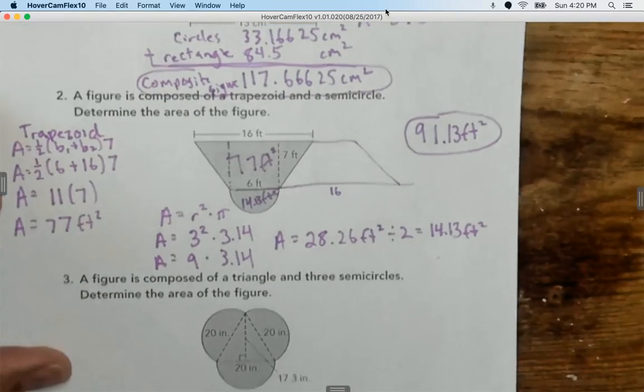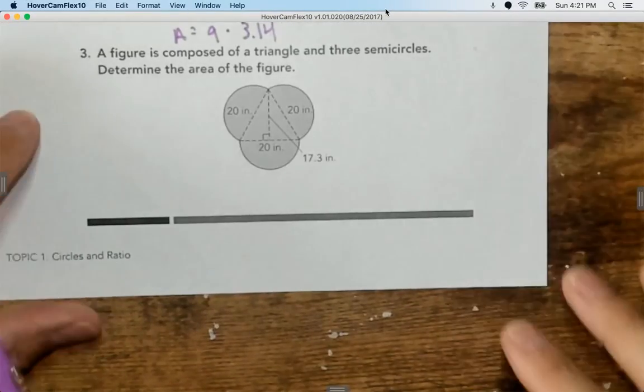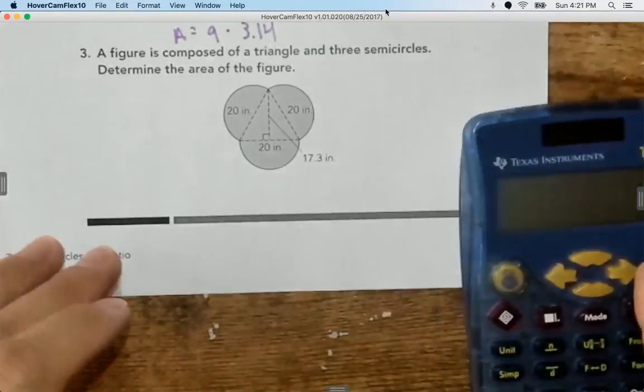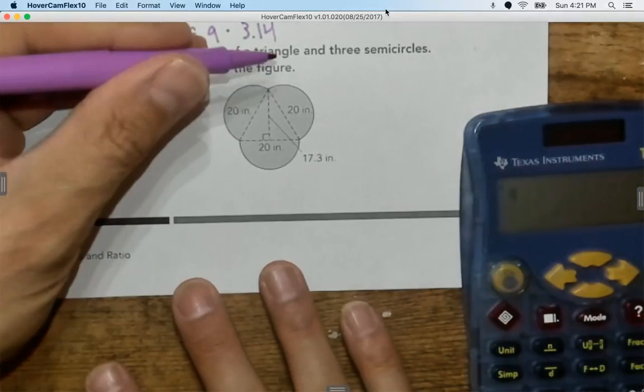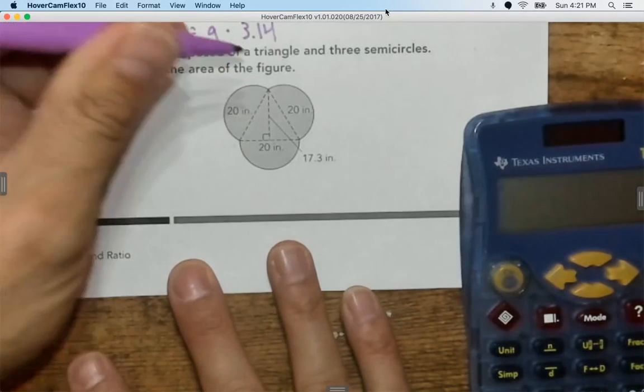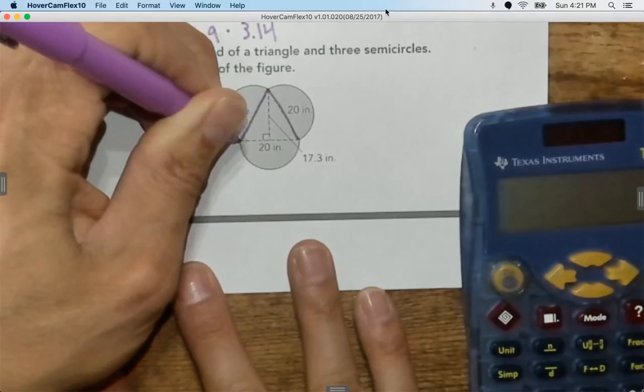Last but not least, another one we talked about in class for sure. A figure is composed of a triangle and 3 semicircles. Determine the area of the figure. So first, I see that the semicircles all have the same diameter, 20, 20, and 20.